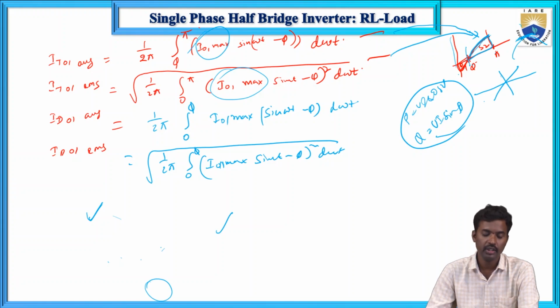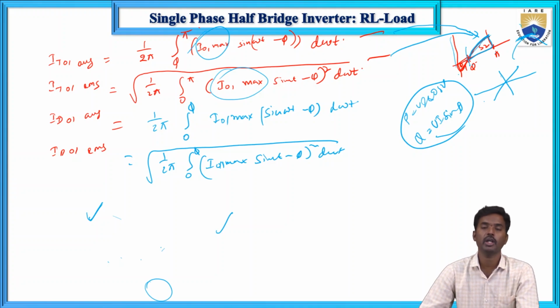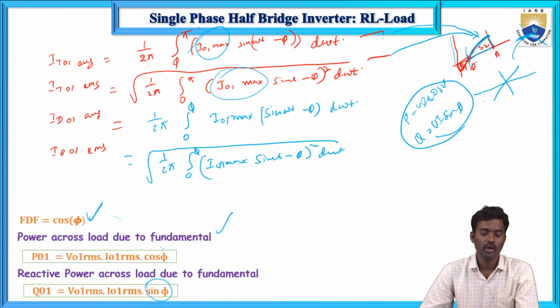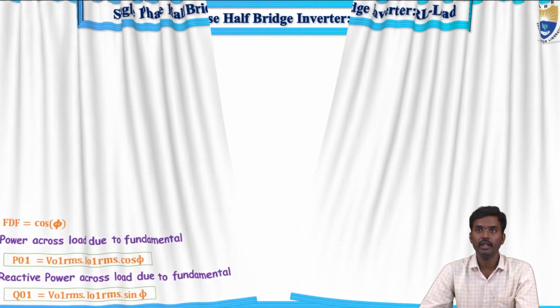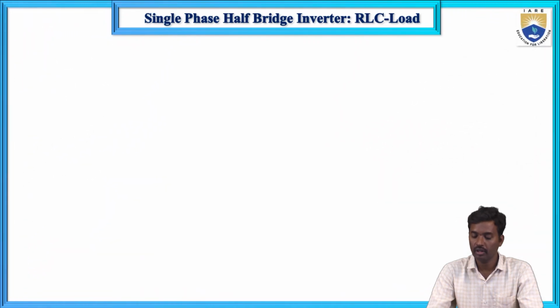So these are the IT01 fundamental component of thyristor average value, RMS value, fundamental component of diode current average value, RMS value, fundamental displacement factor, total power across the load due to the fundamental, and reactive power across the load due to the fundamental.